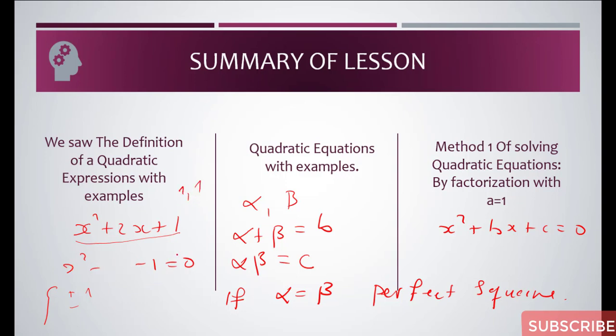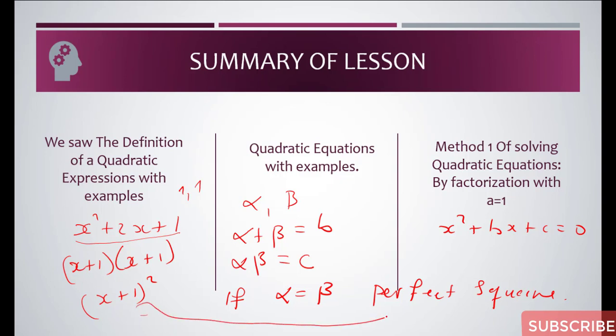And we see that factorizing the expression x squared plus 2x plus 1 will simply be written in the form x plus 1 into x plus 1. So this also is the same as x plus 1, all of that squared. So this is what we call a perfect square. So if alpha is equal to beta, we are dealing with a perfect square.